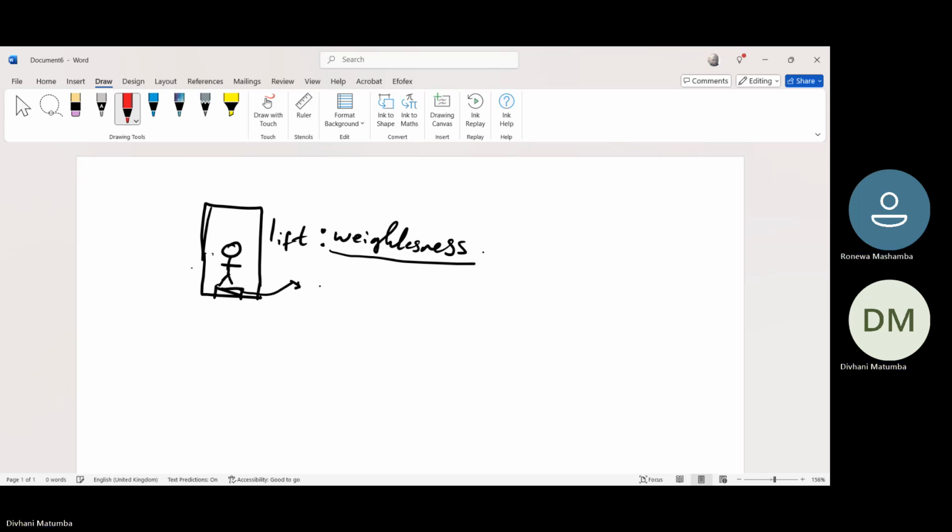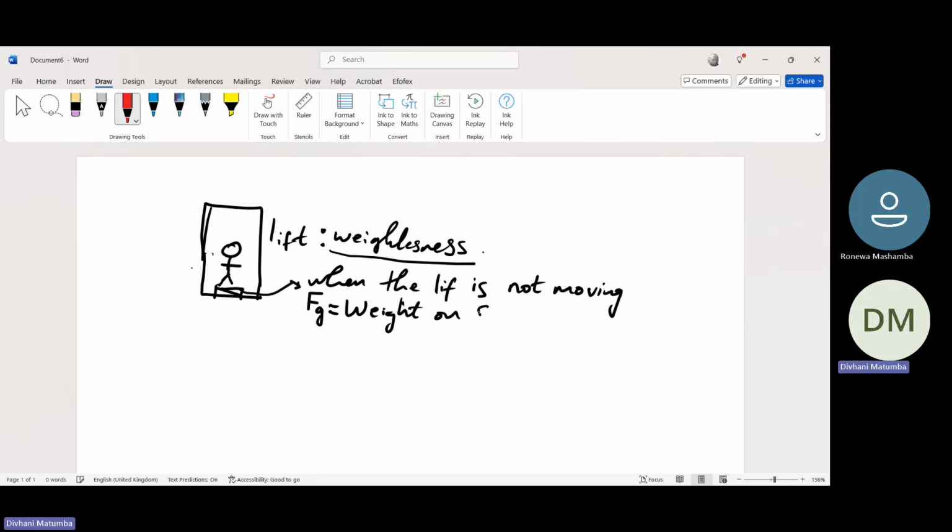Yes, sir. When the lift is not moving, Fg will be the weight on the scale. You agree? Yes.